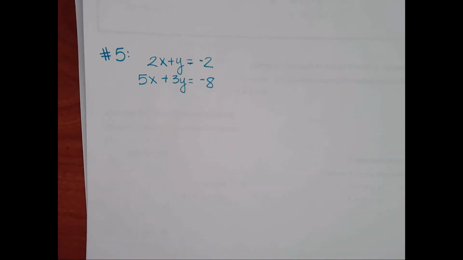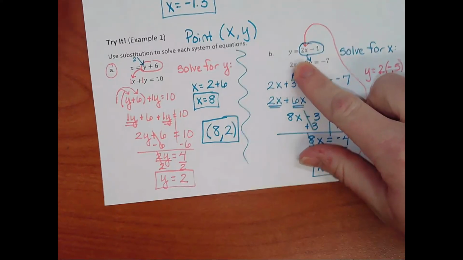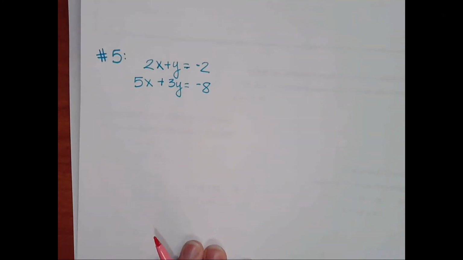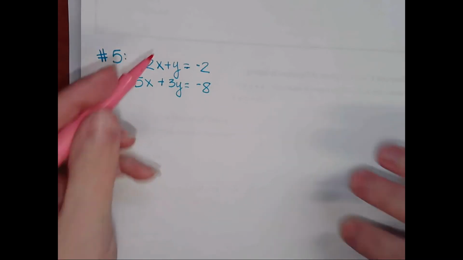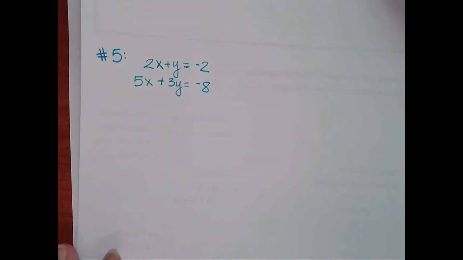If I wanted you to solve using substitution, you might get a little lost here, because we're used to seeing one of the equations already solved for a variable. This one doesn't have that. So this is where you have to use your brain a little bit. You've got to take a look at it and say, okay, I have to use substitution, which means I need to get one of these equations with the variable by itself.